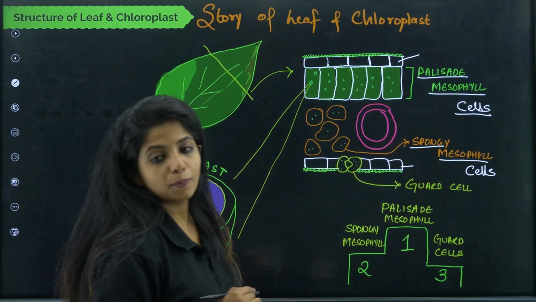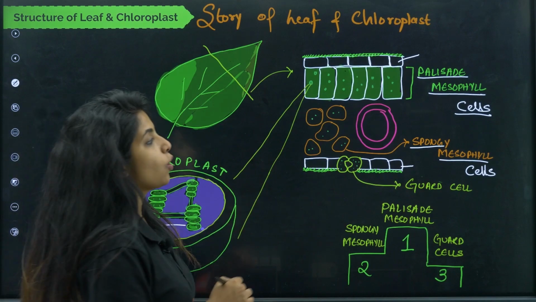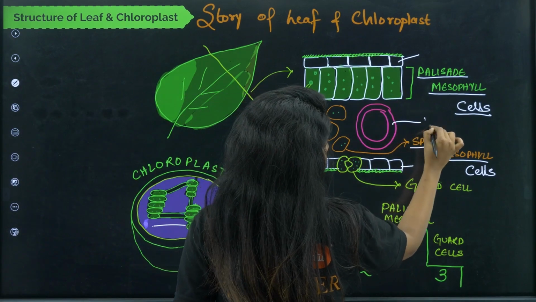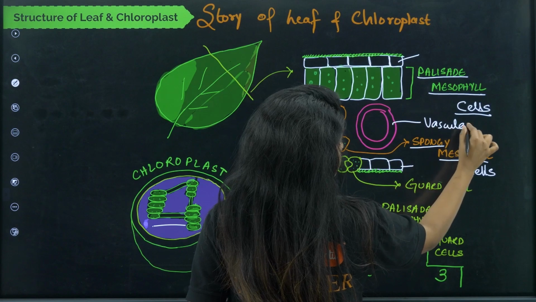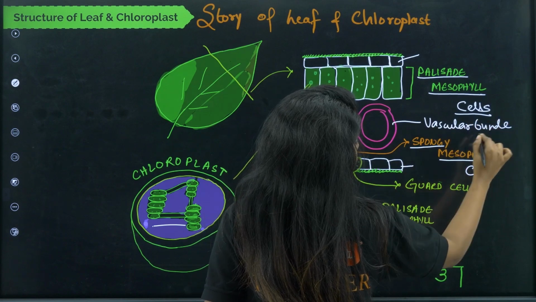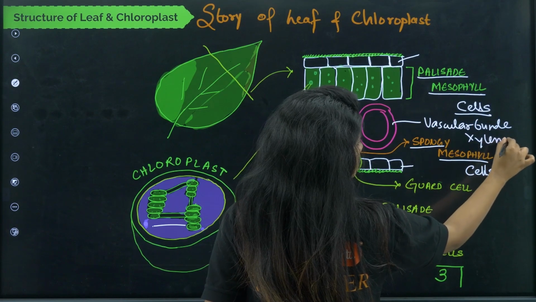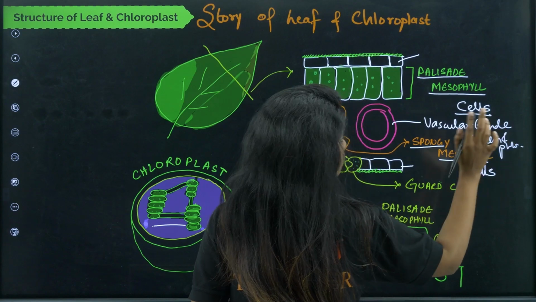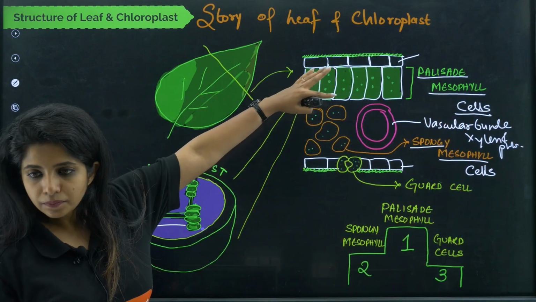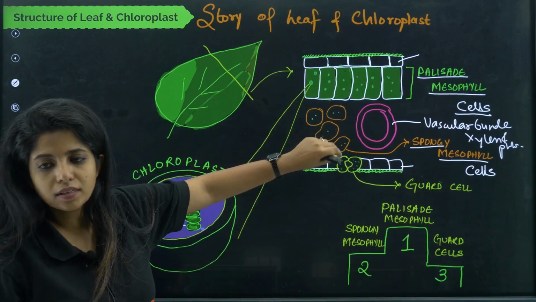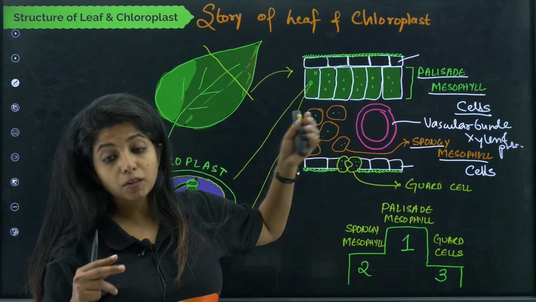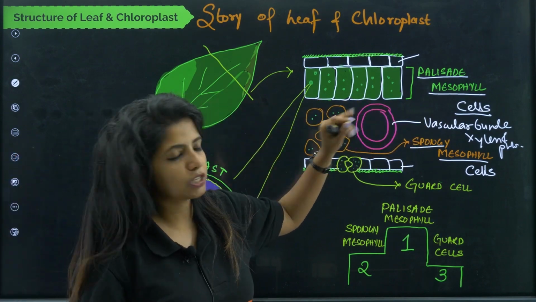Over here you also have the vascular bundle, which includes your xylem and your phloem. So three things to remember: palisade mesophyll, spongy mesophyll, which has gaps between the cells, and the vascular bundles.